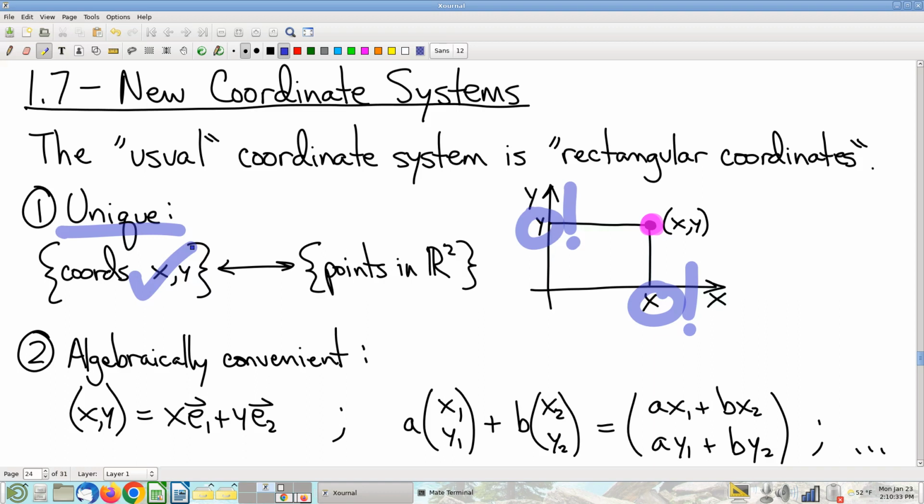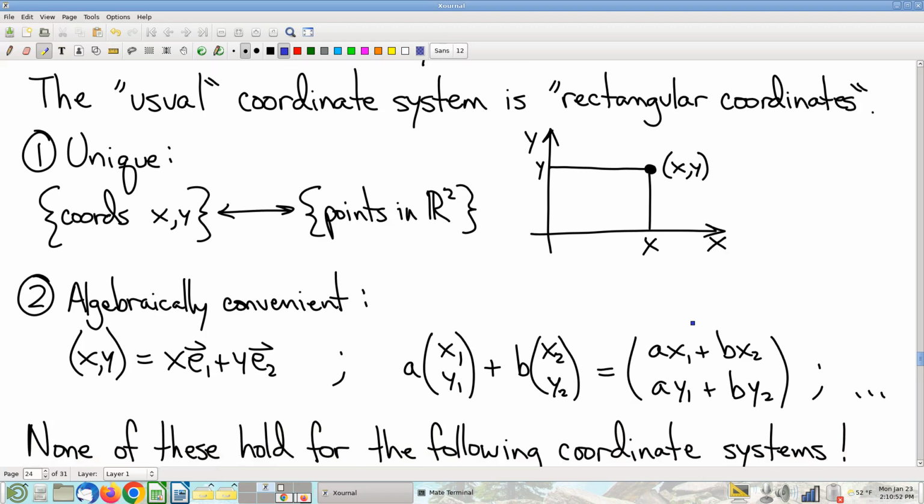No options. No, the x and y coordinates are unique. And that's nice. We don't have to worry about whether the xy coordinates that I use and the xy coordinates that you use might be different but equally acceptable or something annoying like that.